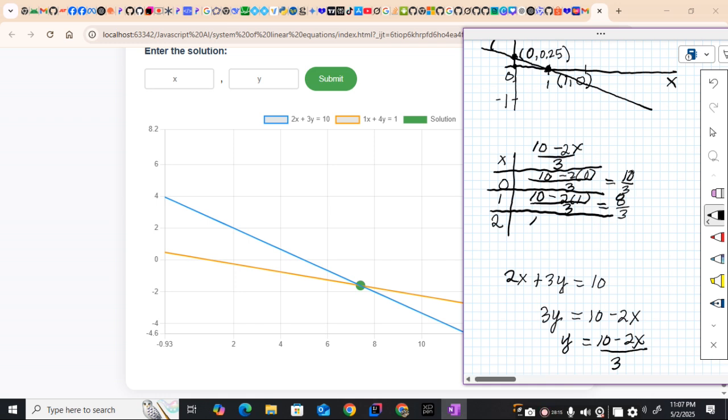This one is 10 minus 2 multiplied by 2 divided by 3, which gives us 6 over 3, essentially 2. So this is essentially 3.33, and this one is 2.66.